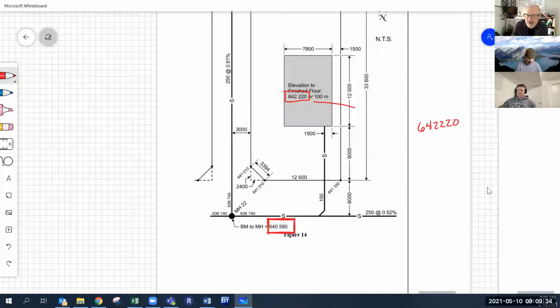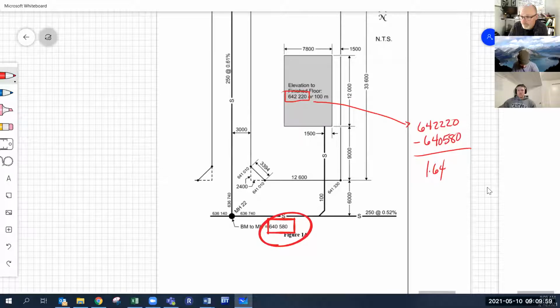That's this one right here. And if we minus off the benchmark here, 640,580, we will get the architectural elevation of the benchmark, which would be 1.64, isn't it?